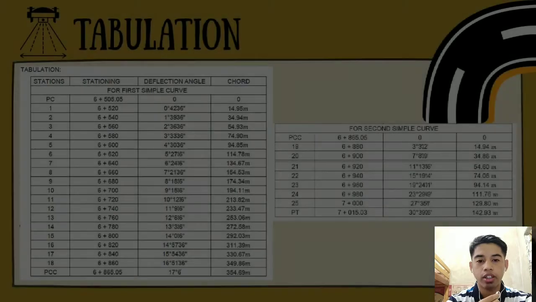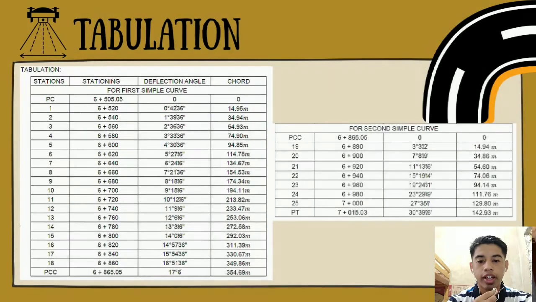After all the calculations have been completed, the final answers are summarized in the tabulation part of this fieldwork, which shows all the stations in the compound curve with their corresponding values in stationing, deflection angles, and the length of the chord from the PC if the station is found in the first simple curve, and from the PCC if the station is found in the second simple curve.